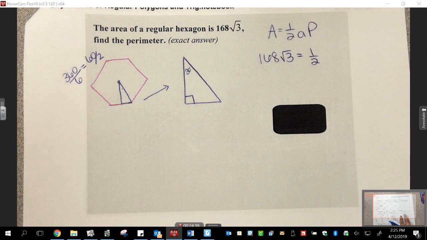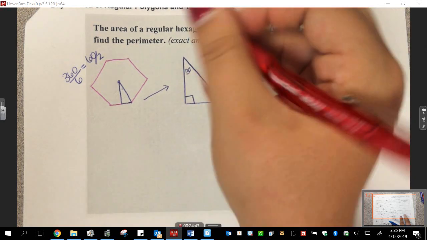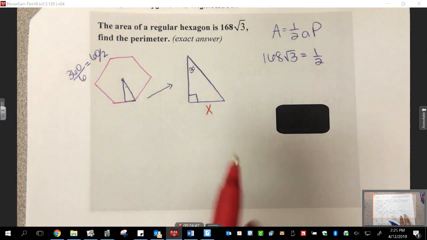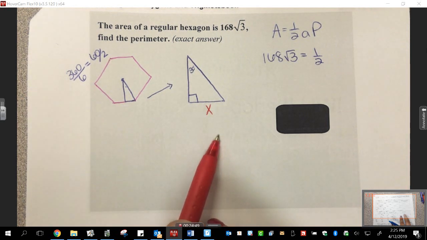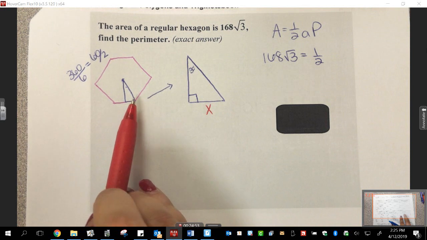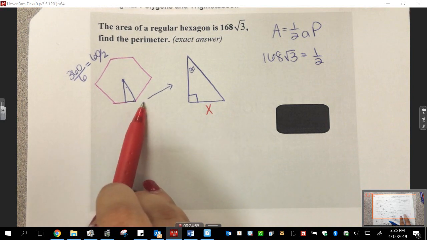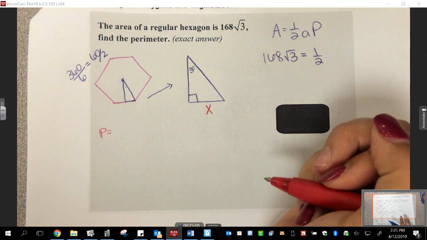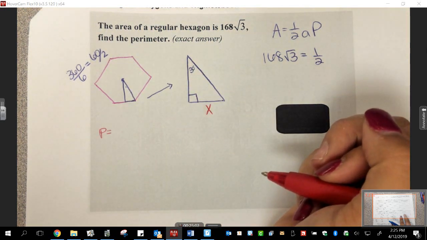However, if I remember correctly, I can call across from the 30, the short leg, x. And if I call that x, what is my entire side? 2x. And if my entire side would be 2x, what would my perimeter be? 6 times 2x, 12x.